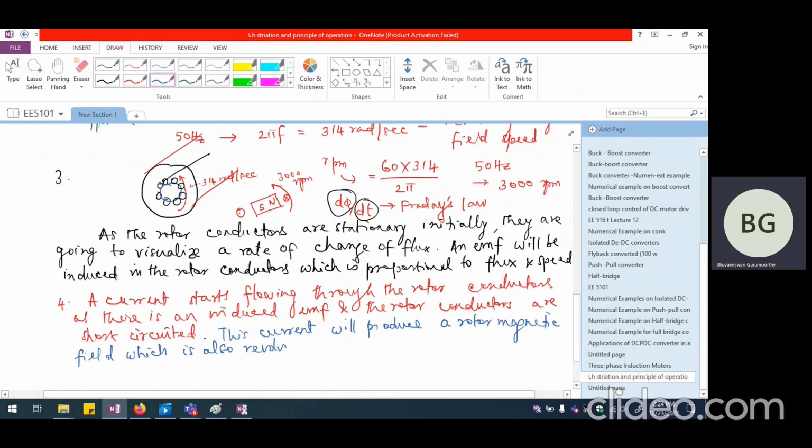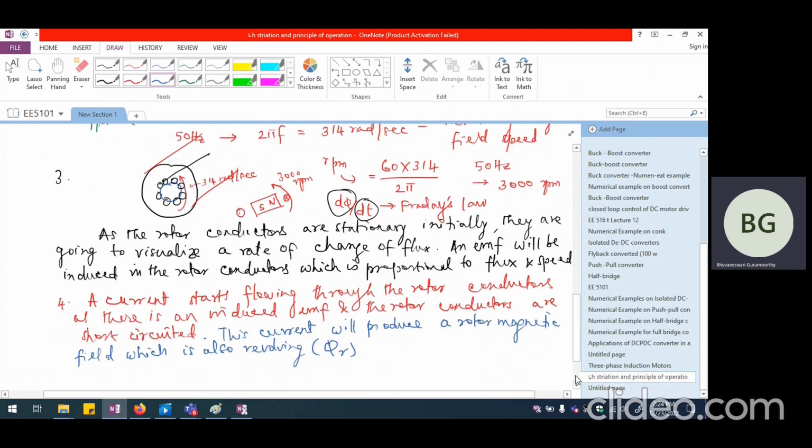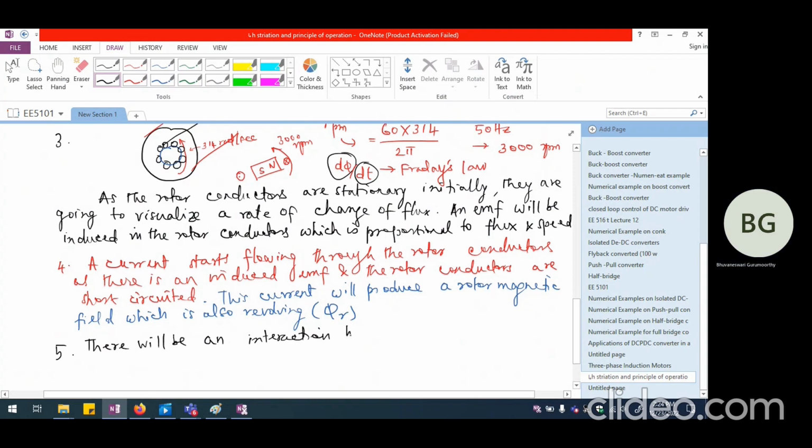So let me call this as phi r, and let me call the stator magnetic field as phi s. So we said that the stator magnetic field which is created, we call that as phi s. So we have stator magnetic field phi s and rotor magnetic field phi r. So now there will be an interaction between phi s and phi r.